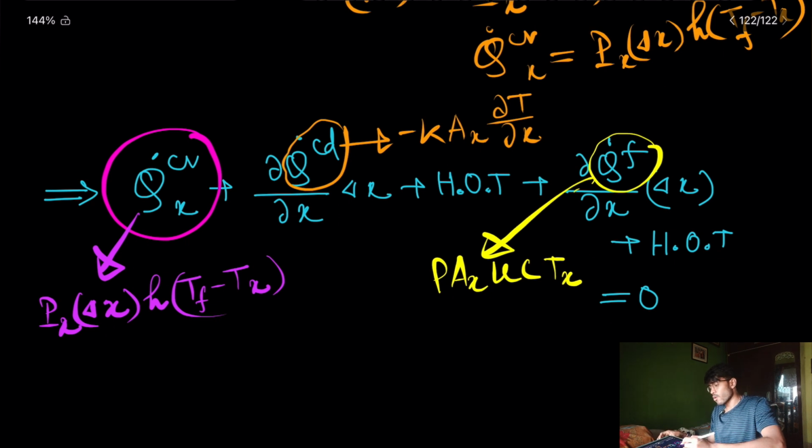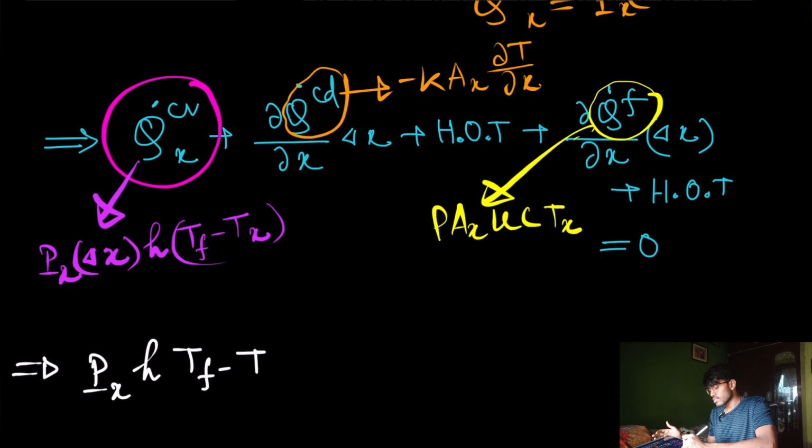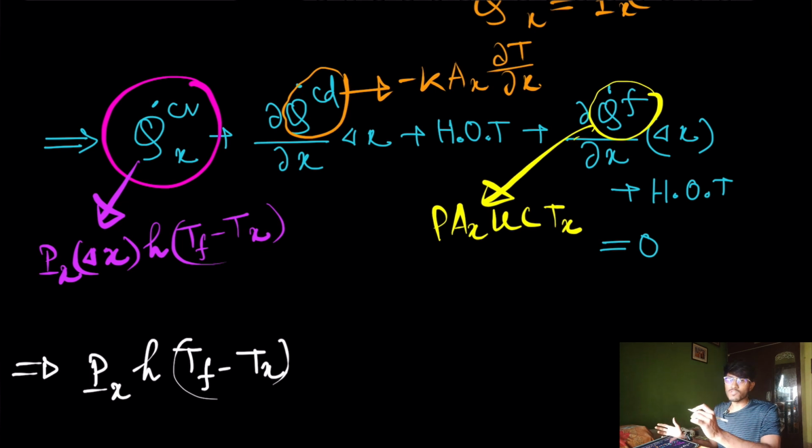Okay, so now let me write the whole equation. So it will become, I take the assumption, and then it is not an assumption, it was told in the problem, or let me not take any assumption here. So Px H into Tf minus Tx. This subscript means T at a control volume that is situated at a distance x from the entry of the control volume.